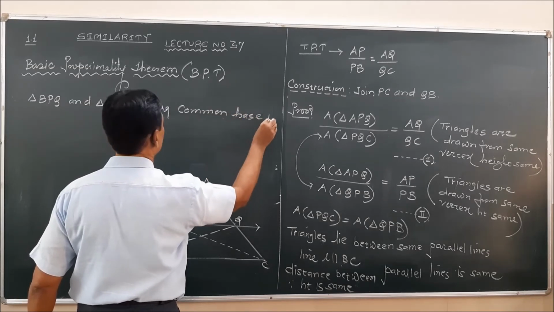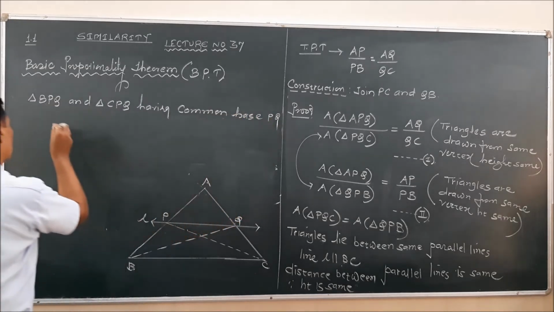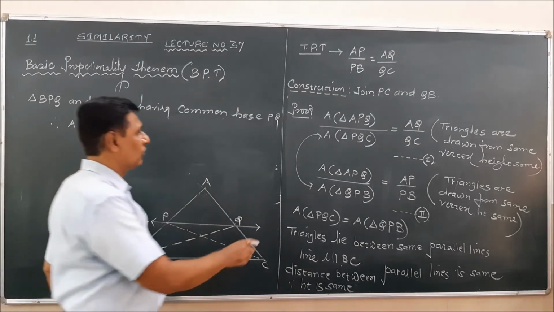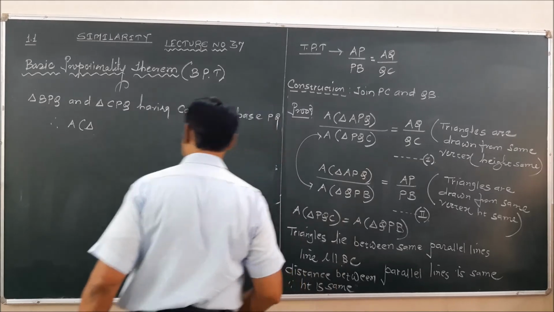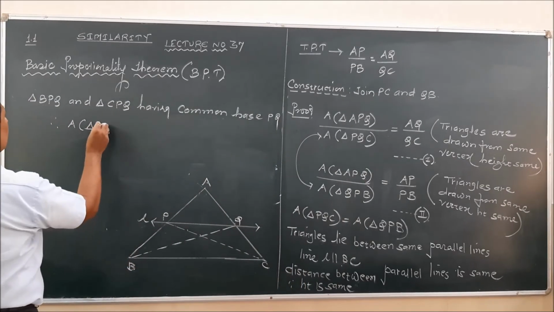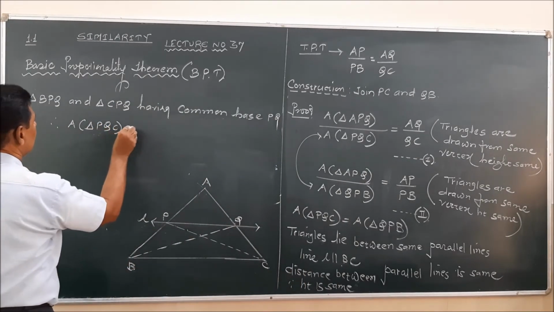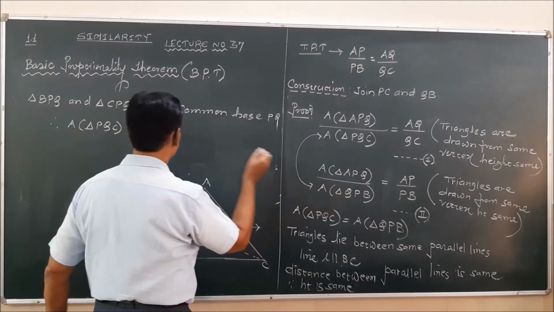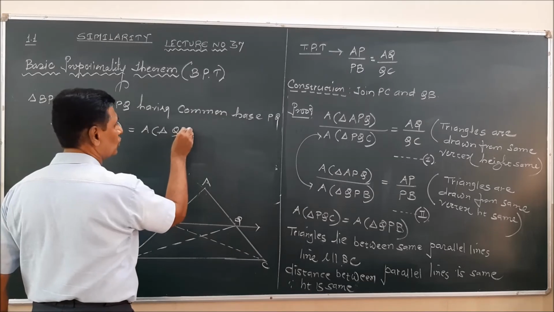Common base PQ. Therefore, area of triangle, very important. Therefore, area of triangle PQC is equal to area of triangle QPB.